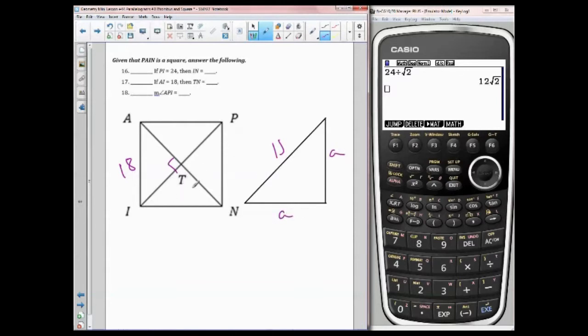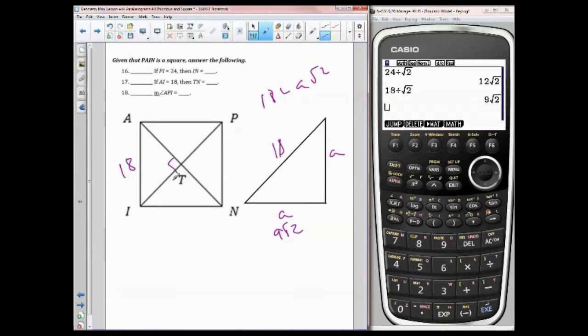We're dealing with a smaller right triangle. So this is 18. So we know this is going to be 9 radical 2 because you're just going to set this 18 equal to A radical 2. So I'm going to divide 18 divided by radical 2, shift radical 2, enter. And I need to hit enter. There we go, 9 radical 2.